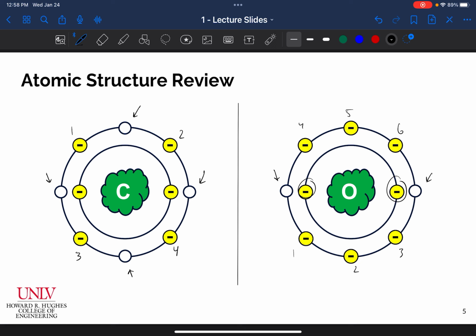So if an electron was coming by, moving past this atom, it might find its way into this position right here. And then carbon would have an extra electron, and that would form an ion, which is basically a negatively charged version of carbon. And these are things that we learned about in chemistry, and they're very important for electronics and circuits in general.